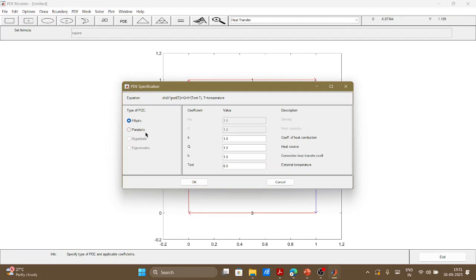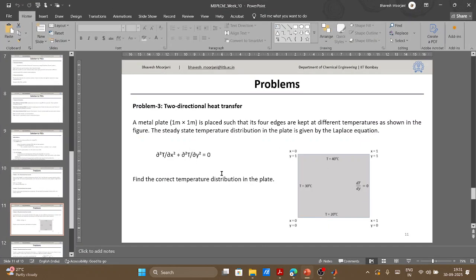What kind of equation will you have? This becomes your elliptical equation. Why elliptical? Because here we have been shown that it's a steady state problem, and you have been given the Laplace equation, del square T by del x square plus del square T by del y square is equal to 0.